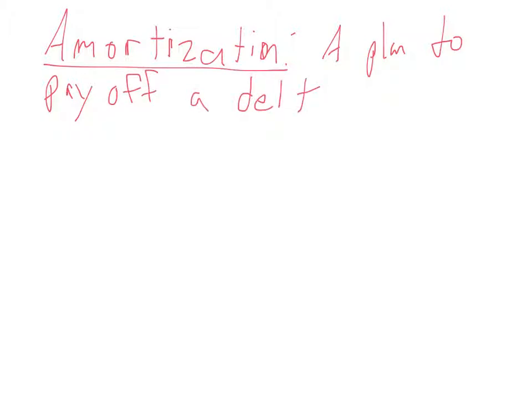So an amortization is a plan to pay off a debt with regular payments.